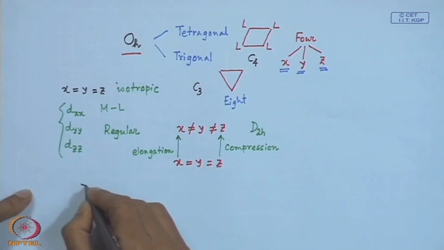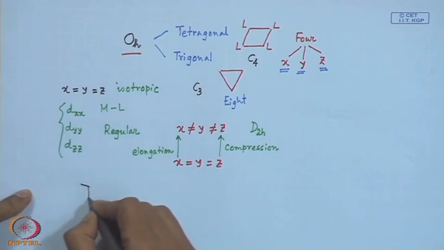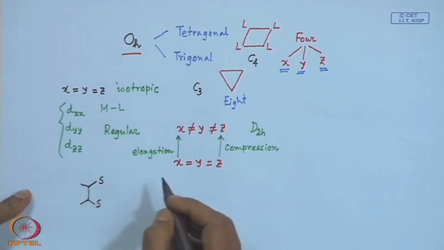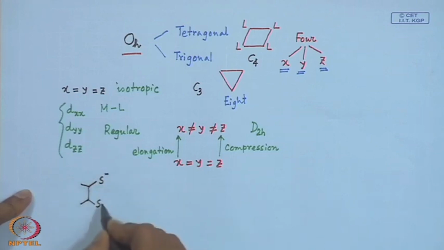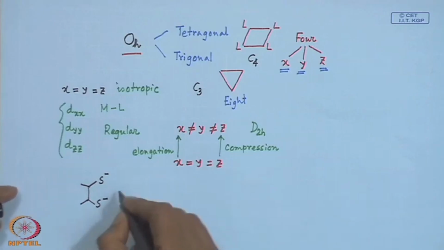So we get that situation where we have the sulfur-sulfur groups, and this is a different type of bidentate ligand.